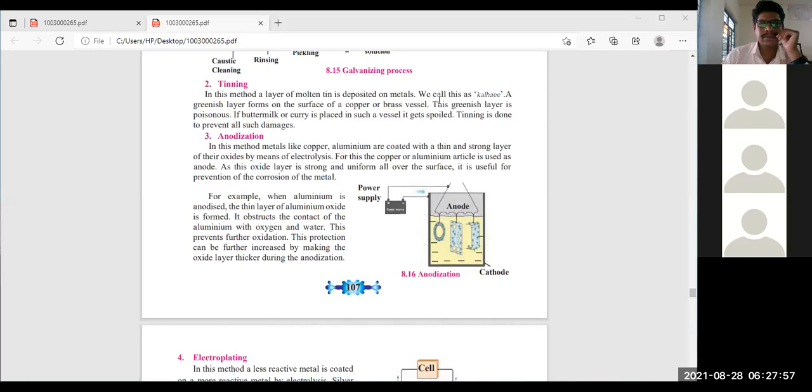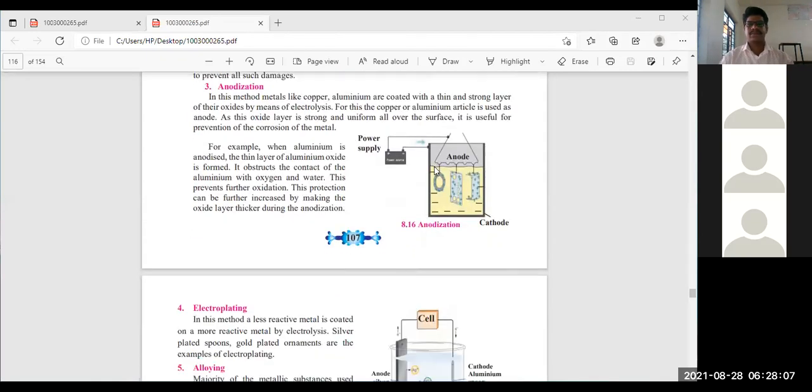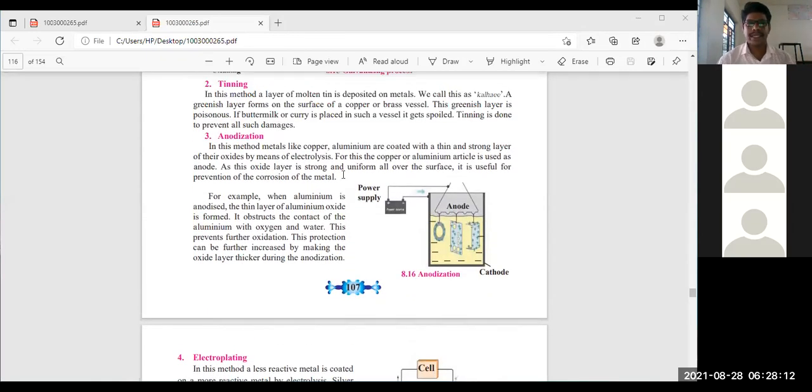Repeat once again. Anode is positive charge and cathode is negative charge. Is it correct, other students? Anode is negatively charged and cathode is positively charged. Very good. So in this process, what happened?